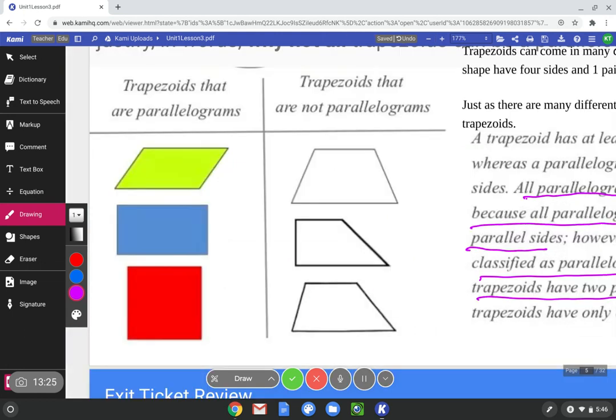So the trapezoids on the left are trapezoids that can also be classified as a parallelogram. The trapezoids on the right are trapezoids that cannot be classified as parallelograms because they only have one pair of parallel lines. These shapes have 2, so they are both trapezoids and parallelograms. These over here are only trapezoids, not parallelograms.